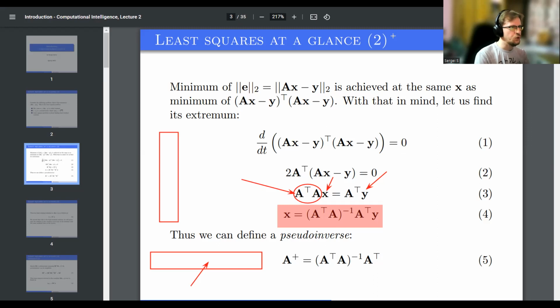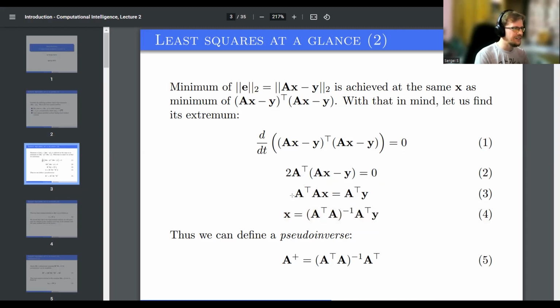But I just want to draw your attention to the fact that this guy, its size is basically the same as x, okay? And if x is small as opposed to the size of y, you would have a small matrix here. It will likely be full rank, okay?